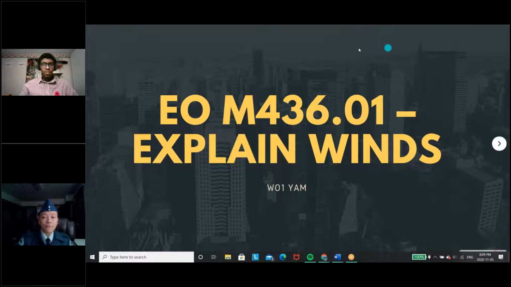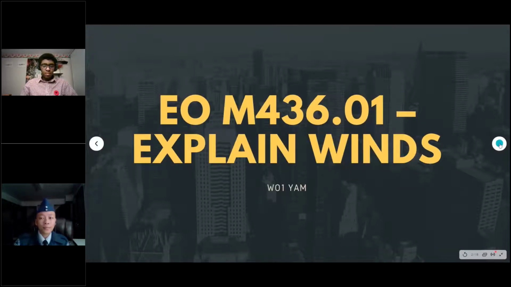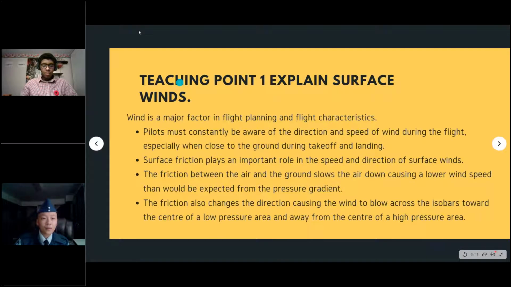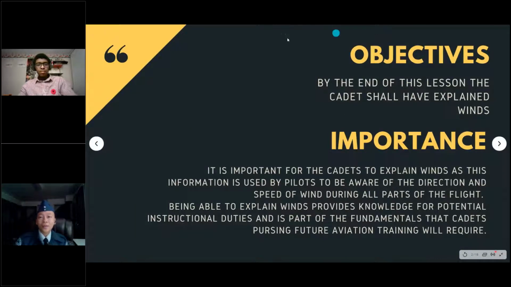This is EO M436.01, which is explain winds. By the end of this lesson, you should be able to explain different types of winds.